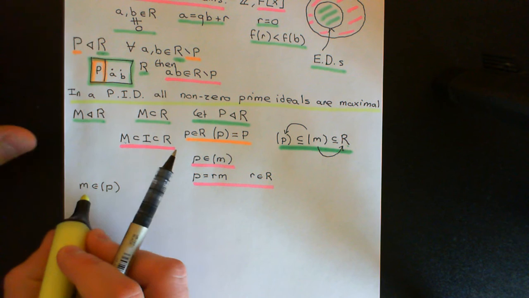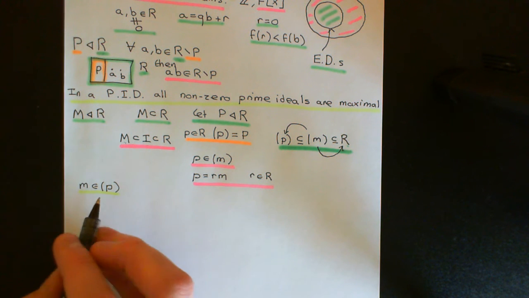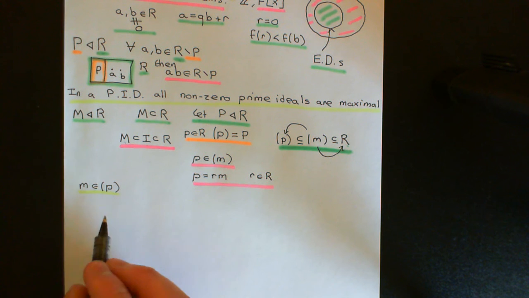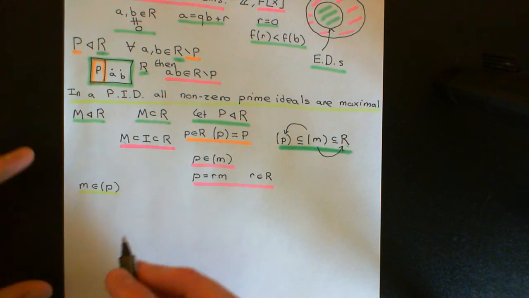But the instant M is in the principal ideal generated by P, what does that tell us? Well, because this is an ideal, it has to be closed under multiplication. So all multiples of M by any element of the ring have to be in there.